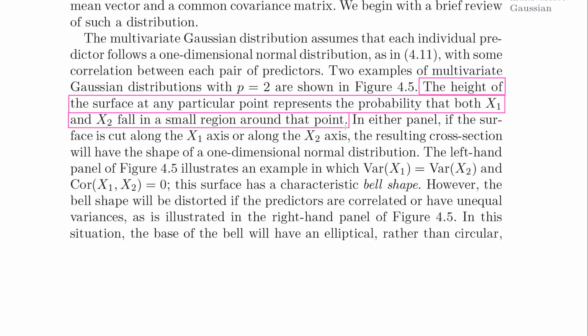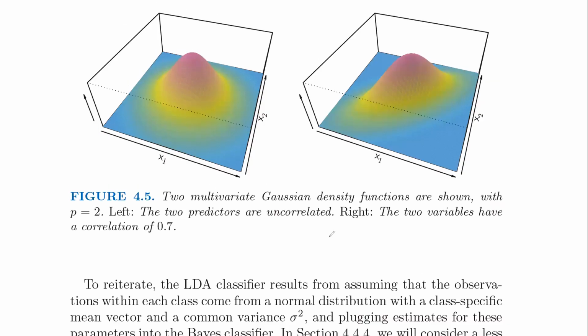the true definition. In either panel, if the surface is cut along the x1 axis or along the x2 axis, the resulting cross-section will have the shape of a one-dimensional normal distribution. That's probably quite important.